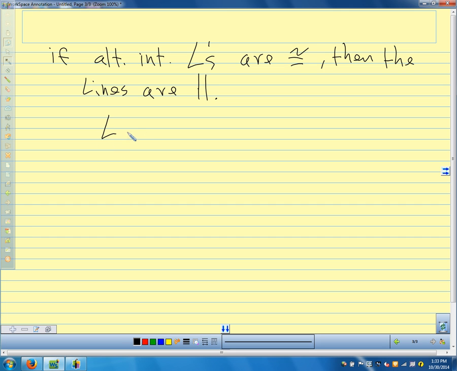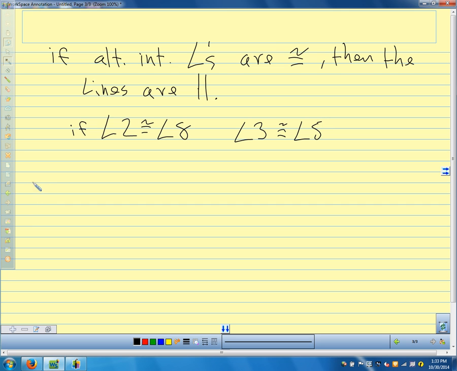Angle 2 and 8. And on the other side, angle 3 and angle 5. If either of those pairs of angles is congruent, then that guarantees us that the lines are parallel. So same information, we're just going the opposite direction.